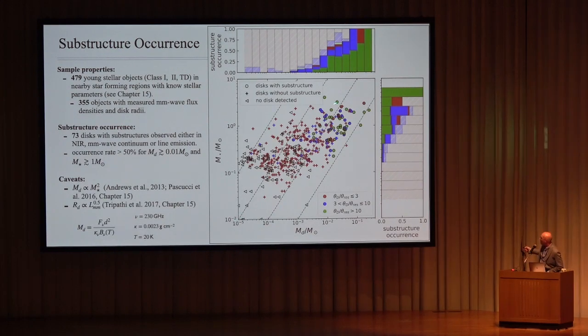And the disks with structure tend to clump here, but the point is that as you go to these fainter disks, we don't resolve them. So it's an angular resolution and sensitivity problem, and so it becomes very incomplete. When we say with no structure, it means that we don't see structure. It doesn't mean that there are no structures. And so the point is we need to push the observations down to this regime so that we can tell whether there are structures or not.